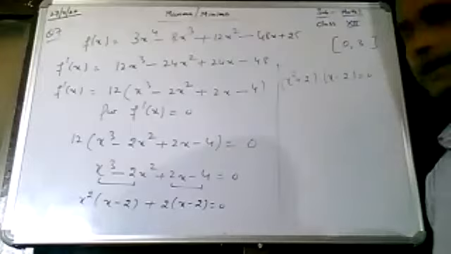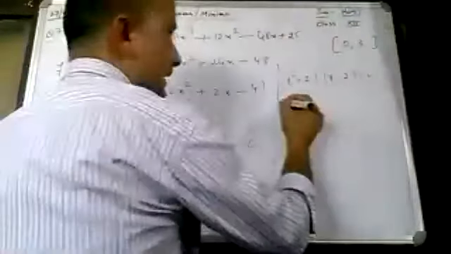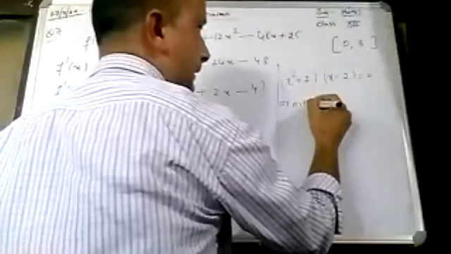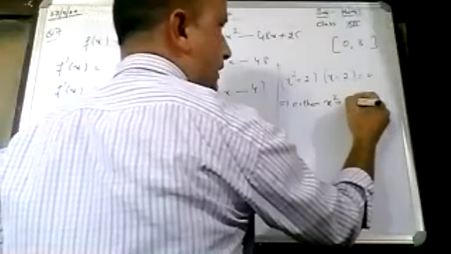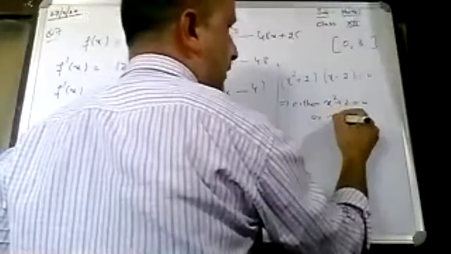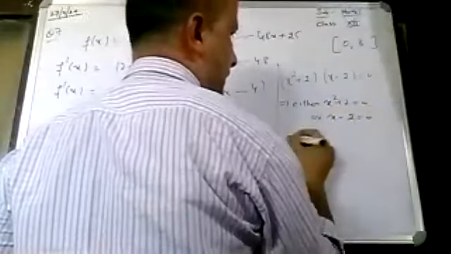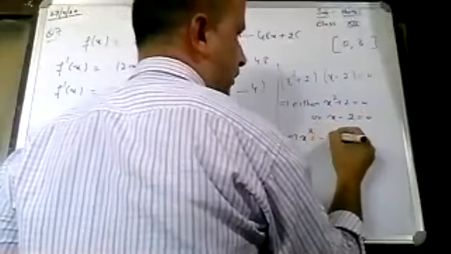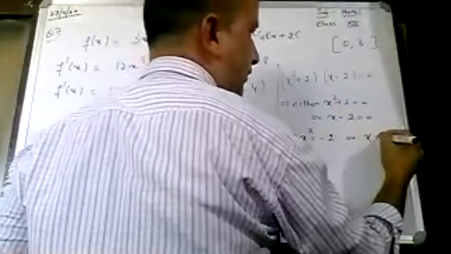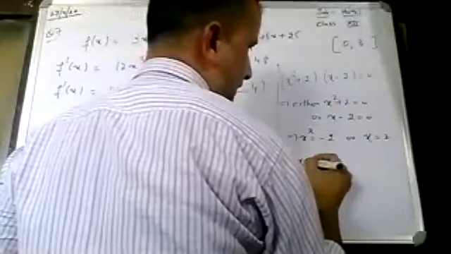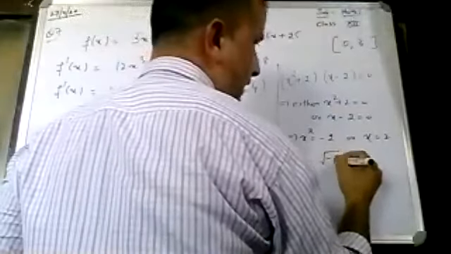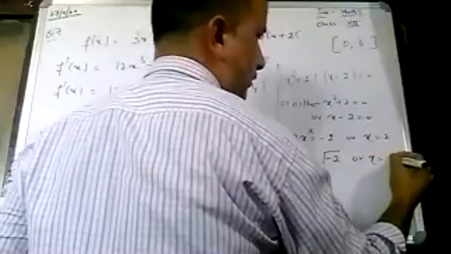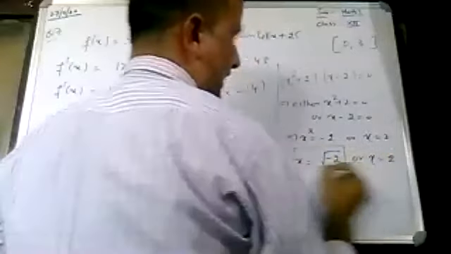Clear class? So this implies either x square plus 2 is equal to 0 or x minus 2 is equal to 0. This implies x square is equal to minus 2 or x is equal to 2. This implies x is equal to under root of minus 2 or x is equal to 2. But this value is invalid.